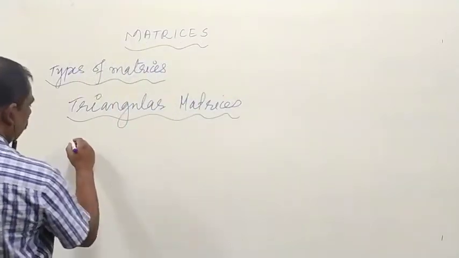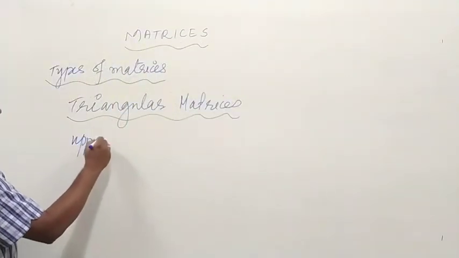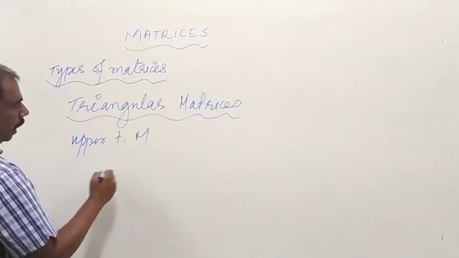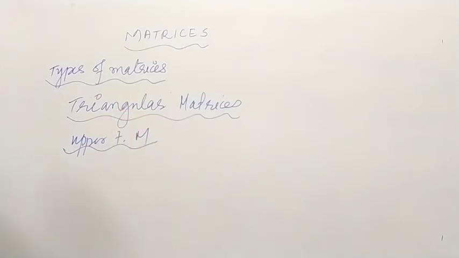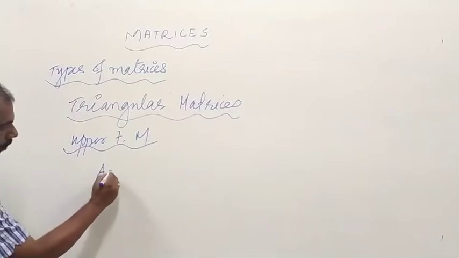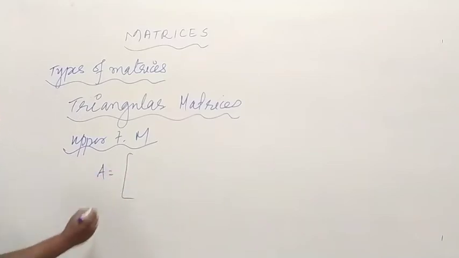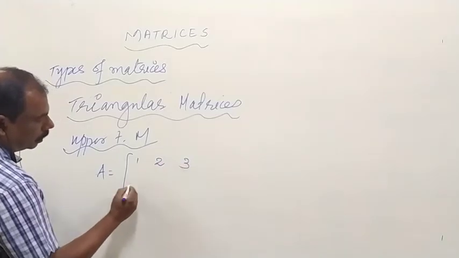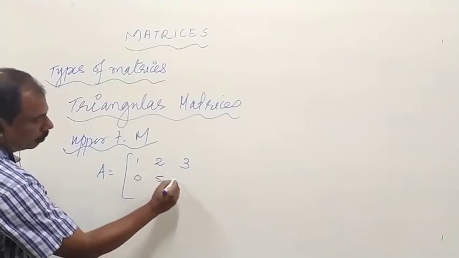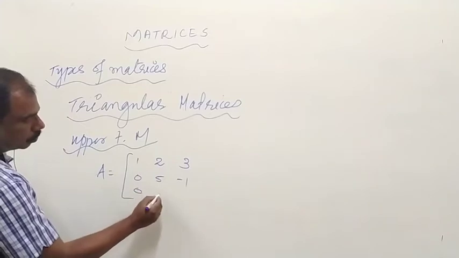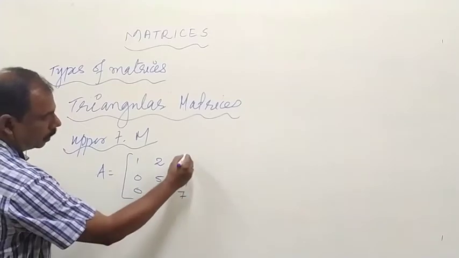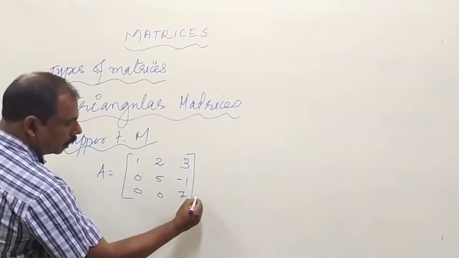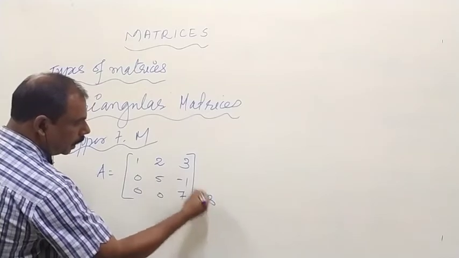We call them the upper triangular matrix and the lower triangular matrix. Let A be equal to the matrix 1, 2, 3, 0, 5, minus 1, 0, 0, 7. It's a square matrix, very clear, and it is of order 3.